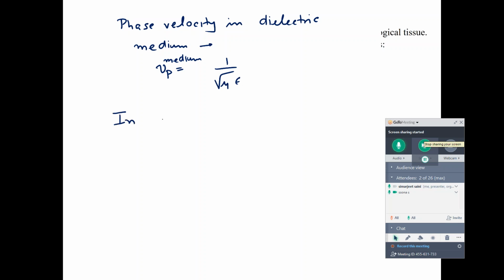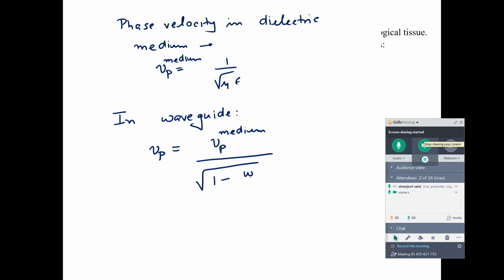In the waveguide, phase velocity is now Vt in the medium divided by square root of 1 minus omega c by omega squared.